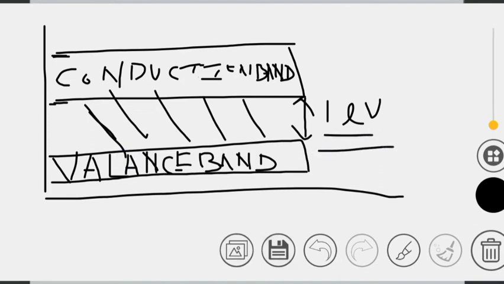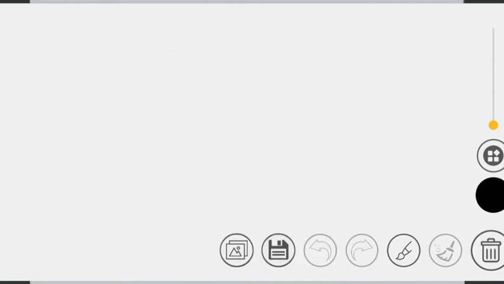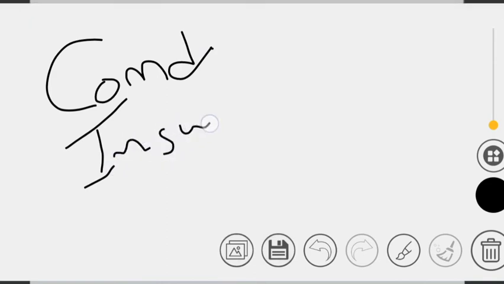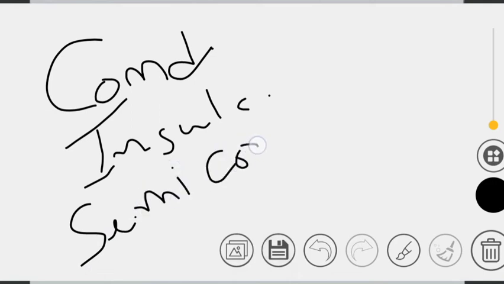Because of that it's in between conductor and insulator. Means it acts like a conductor or an insulator at different times. I think up to here you are clear about these three topics: conductor, insulator and semiconductor. Okay, very good.